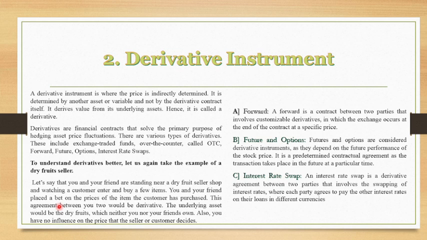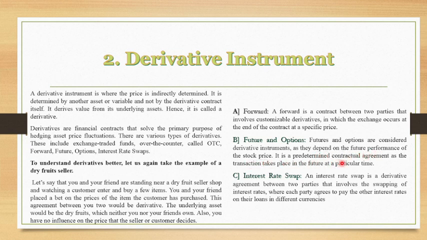First, we will see the forward. A forward is a contract between two parties that involves customizable derivatives in which the exchange occurs at the end of the contract at a specific price. Now this is all about the forward. Next come to the future and options. Futures and options are considered derivative instruments as they depend on the future performance of the stock price.